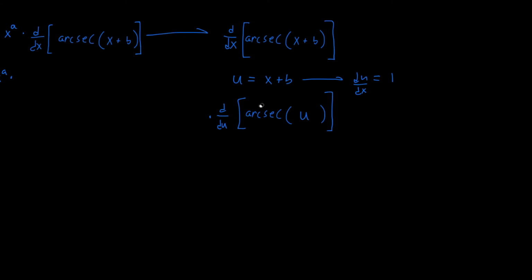And we already worked out what the derivative of arcsecant is in the main derivation video. It's 1 over u squared times the square root of 1 minus 1 over u squared.